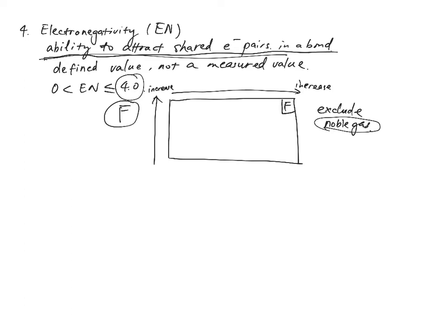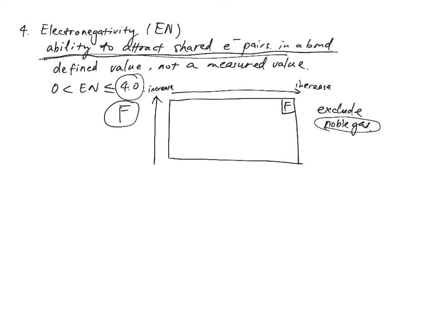Now that you've explained this number, why do I need this number, and what could I use this number for? You could use this number to determine when two elements make a chemical bond, whether it's an ionic bond or a covalent bond.